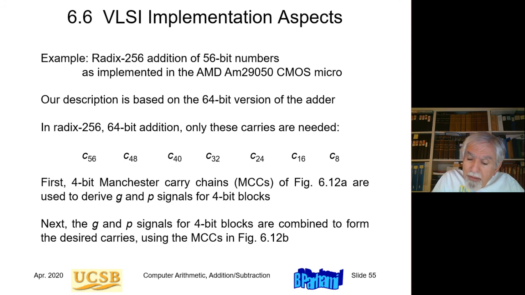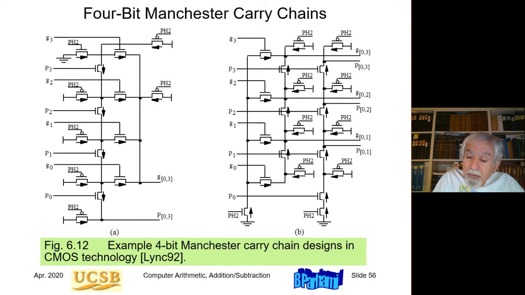Okay, how do I go about this? Well, I can design Manchester carry chains that are 4 or 5 bits wide. The Manchester carry chain on the left is 4 bits wide. P0, G0, P1, G1, P2, G2, P3, G3. And it computes for me these P and G for the 4-bit block.